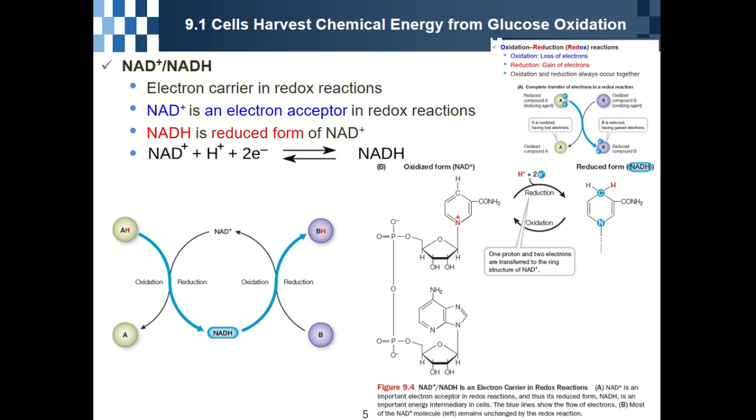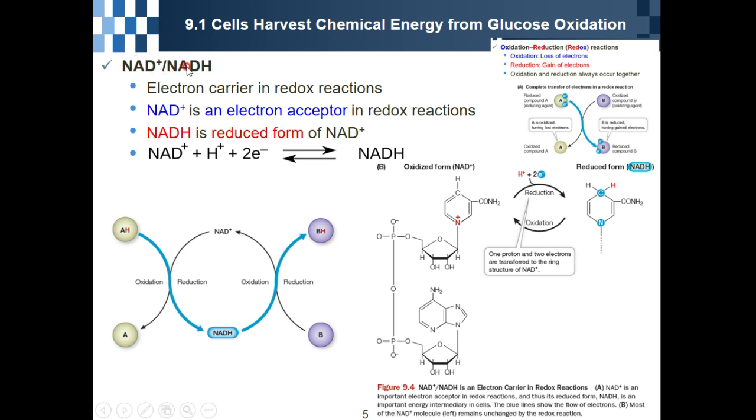Now in this slide, we will learn about NAD+ and NADH. NAD+ can be changed to NADH, or NADH can be changed to NAD+.